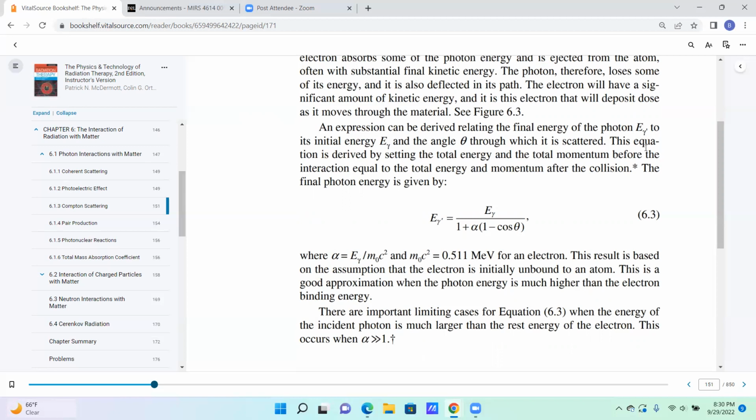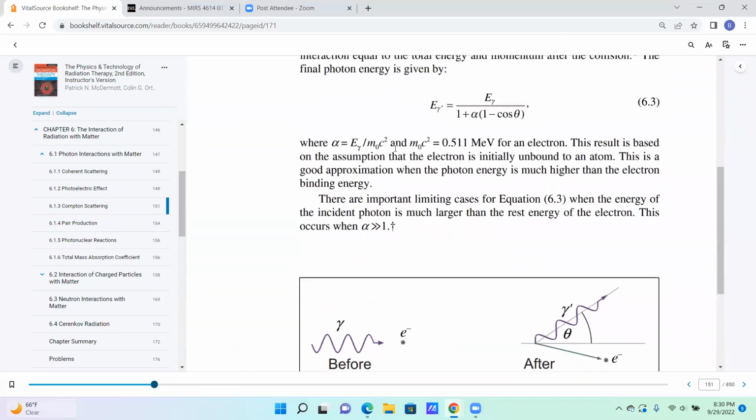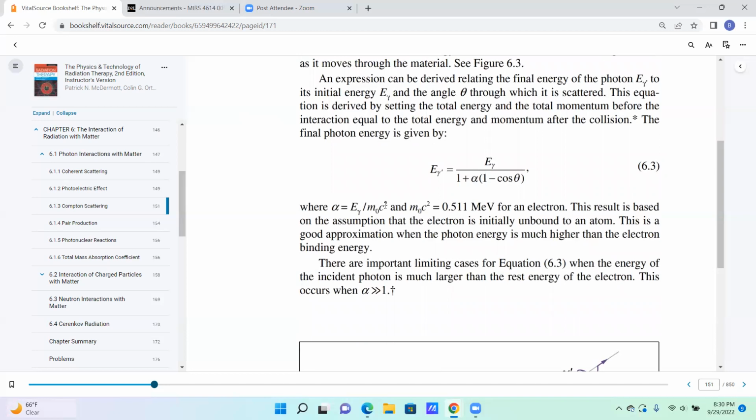But the final photon energy is basically the initial energy divided by all of this. Now, alpha here happens to be E sub gamma divided by the rest mass times c squared, and for an electron this is a particular value. It's based on the assumption that the electron is initially unbound to an atom, and it's a good approximation when the photon energy is much higher than the electron binding energy.